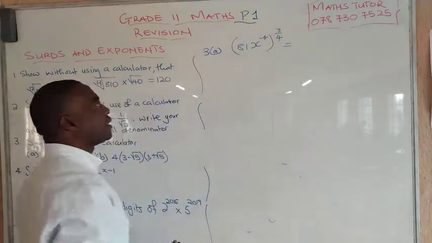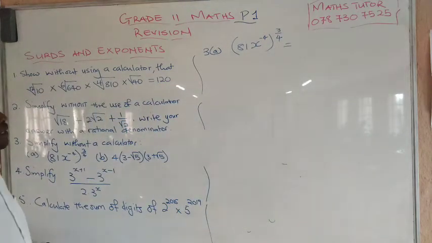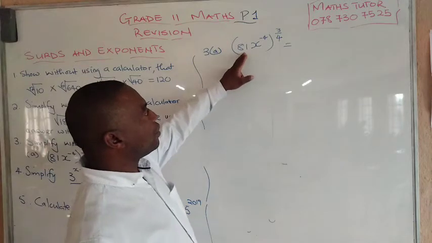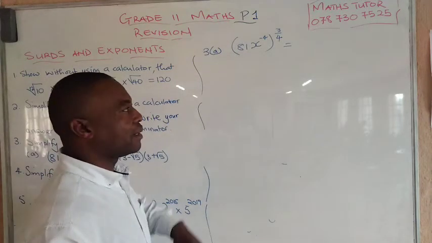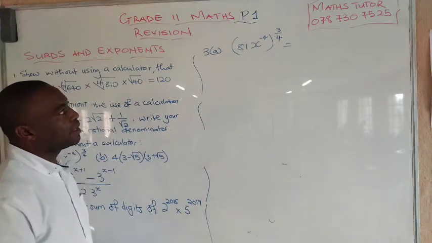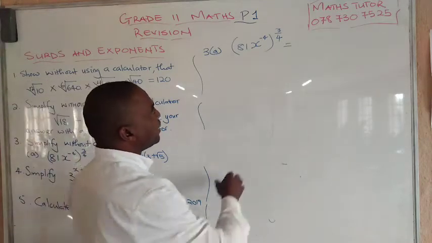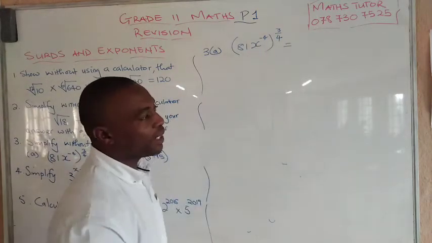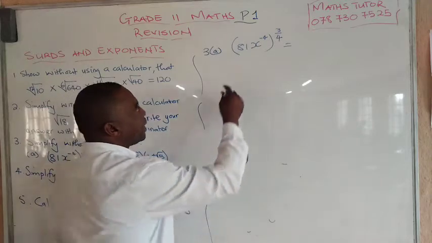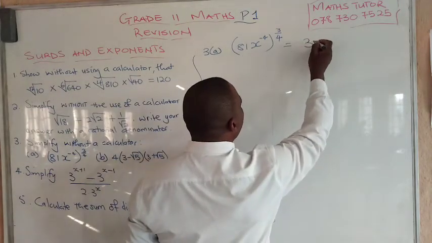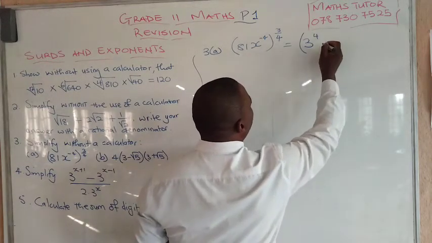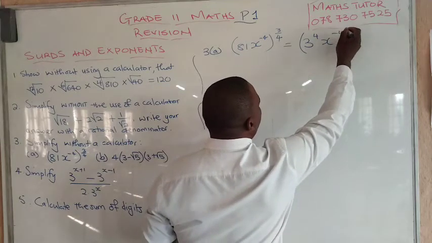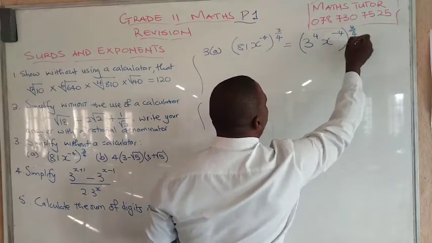So with this one, it's quite obvious that we have to write 81 in a certain way that has a relationship to the exponents we have. So 81, we can write it as 3 to the power 4, times x to the power negative 4, raised to the power 3 over 4.